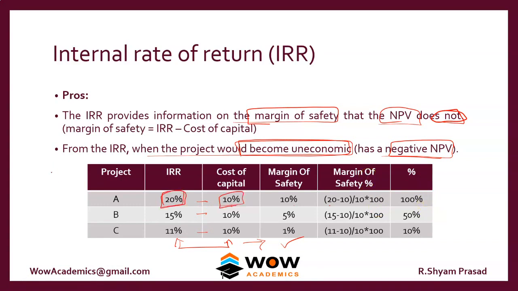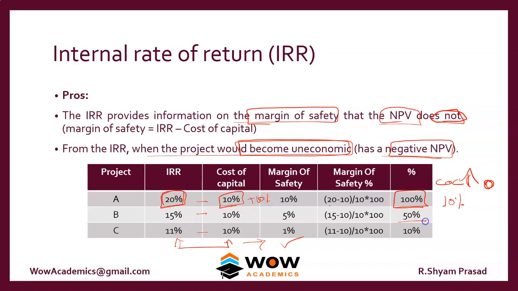Margin of safety tells you how much the cost of capital should increase to make the IRR 0. So if it indicates 100%, then the cost of capital should increase by 100%. Only when the cost of capital increases by another 10%, your IRR and this number will become the same.